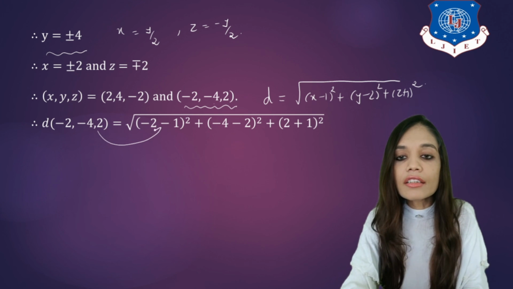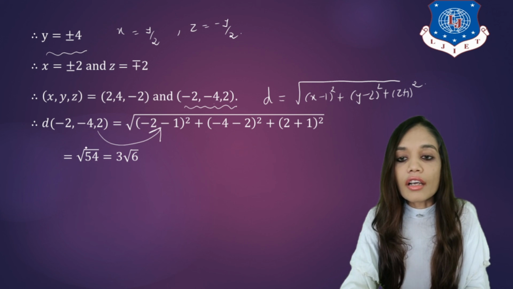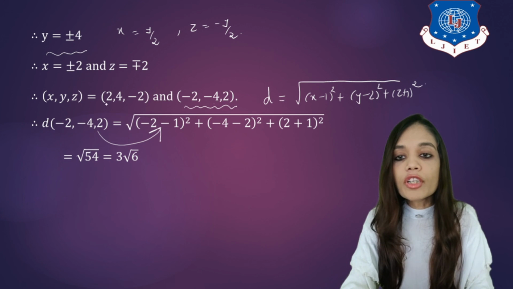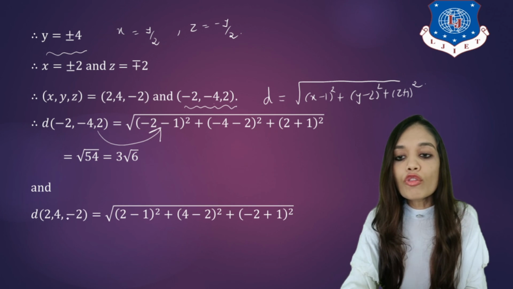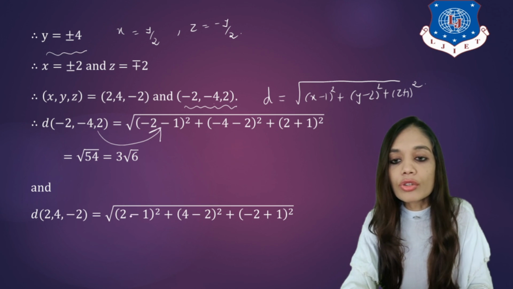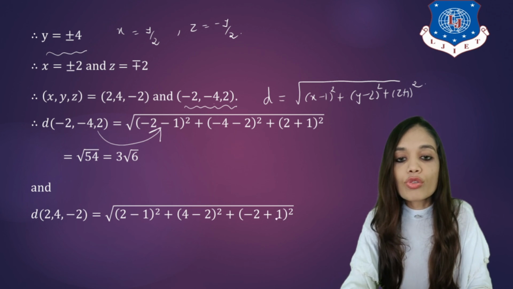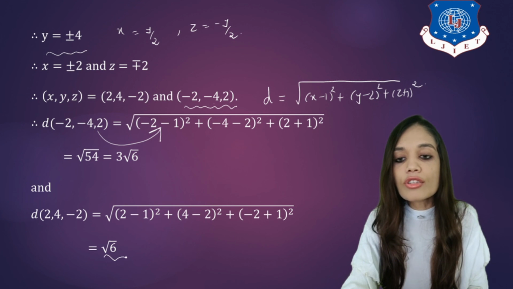So we will get this, and on simplifying you will get the answer as square root 54, which can be simplified as 3 root 6. Now we will put this point in our d. Therefore, d at (2, 4, minus 2) will be equal to square root of (2 minus 1) whole square plus (4 minus 2) whole square plus (minus 2 plus 1) whole square. On simplifying, you will get the answer as root 6.